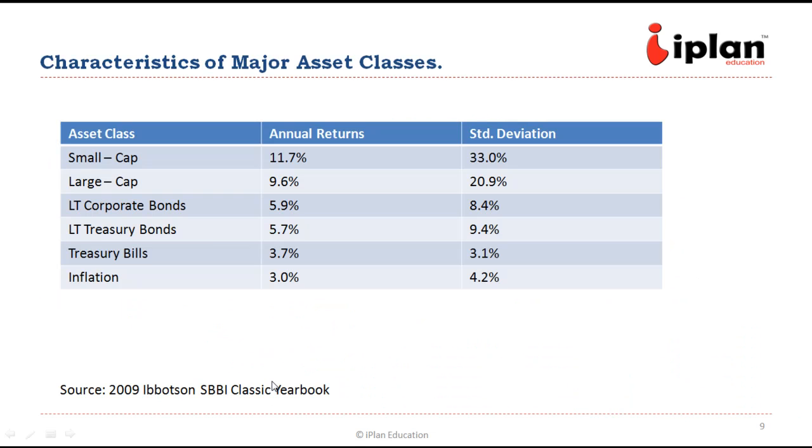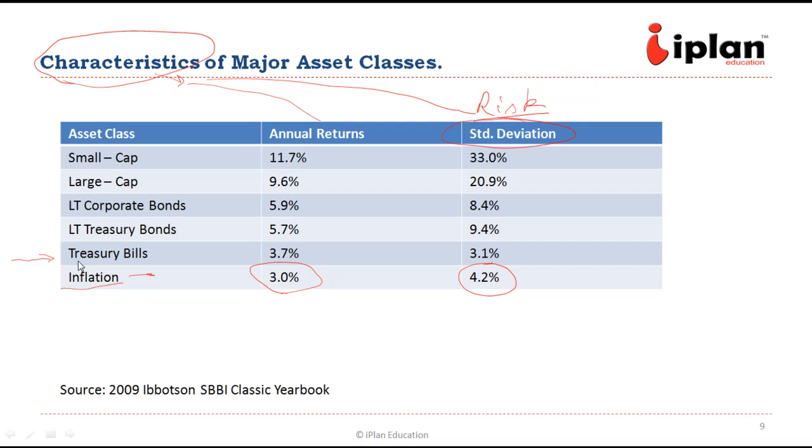Here we are looking at the major characteristics of the asset classes. The characteristics are in terms of expected returns and the risk, which we are measuring in terms of standard deviation. So if we start from the bottom, this is inflation, which is 3%, standard deviation is 4.2%. The least risky asset is treasury bill. So the annual return is 3.7, standard deviation is 3.1.